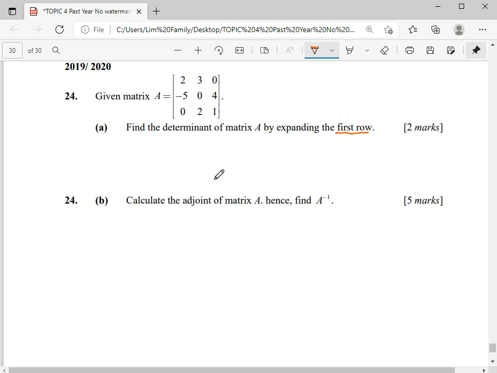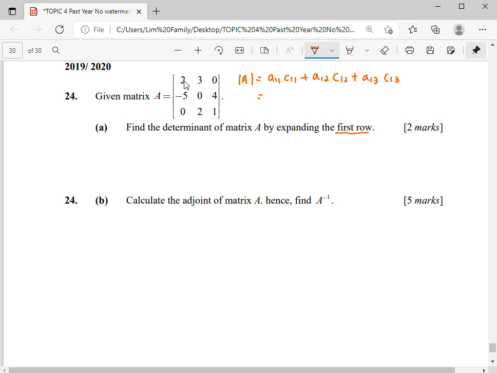When you are expanding by the first row, our formula is: the determinant of A equals A11, because first row means element 11, times cofactor 11, plus element 12 times cofactor 12, plus element 13 times cofactor 13.